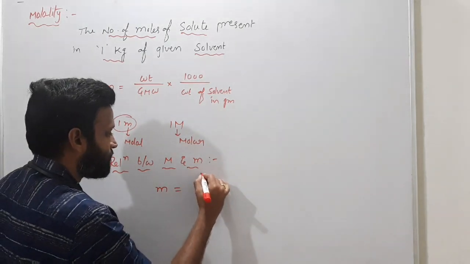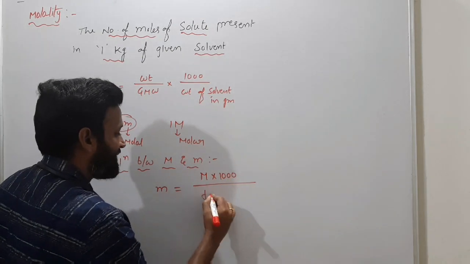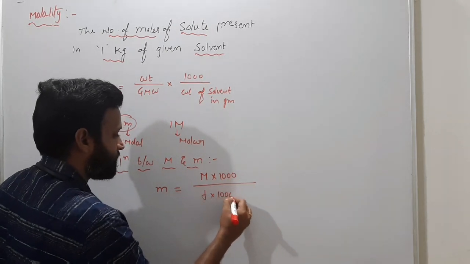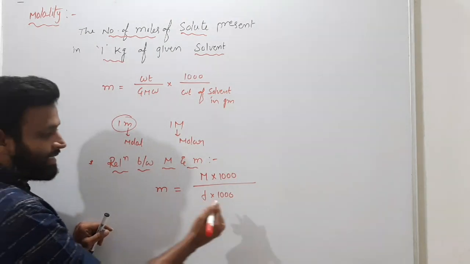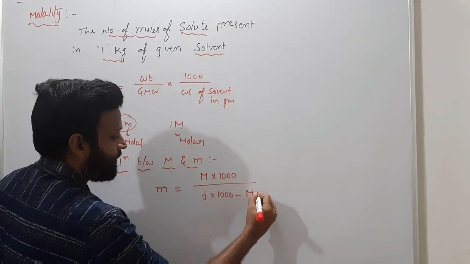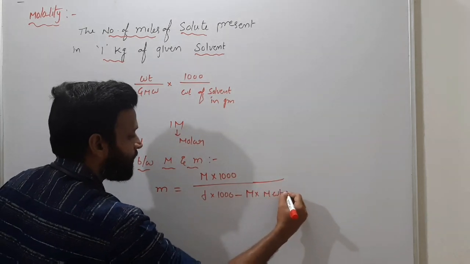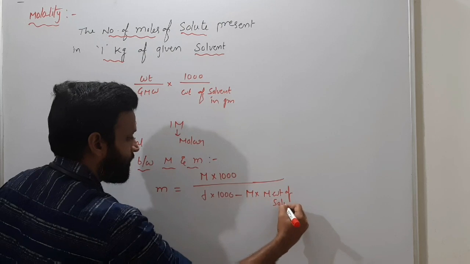Molality is equal to molarity into 1000 by density into 1000 minus molarity into molecular weight of solute.